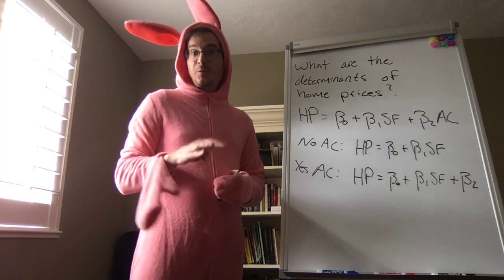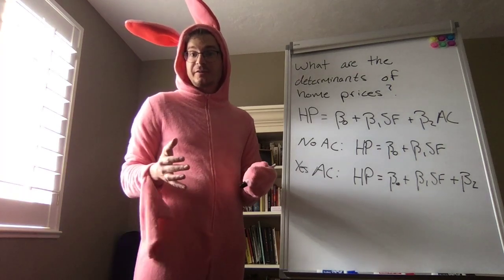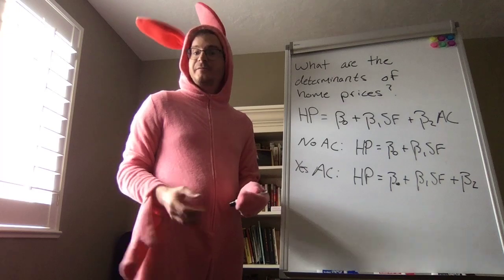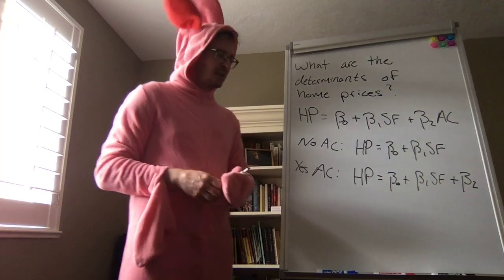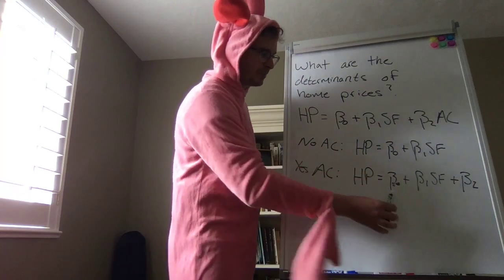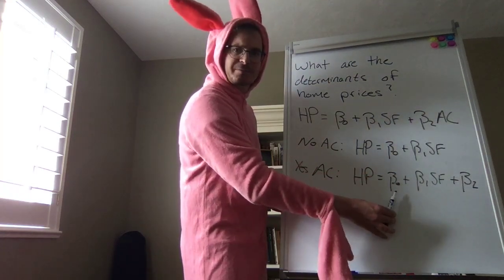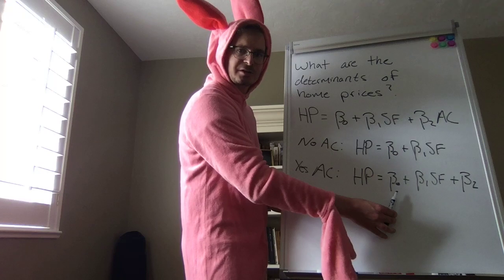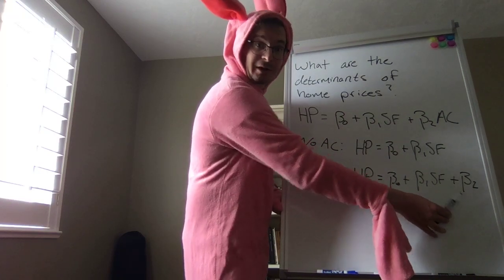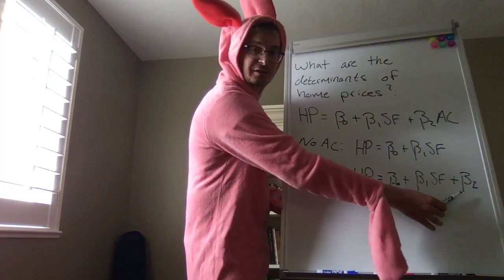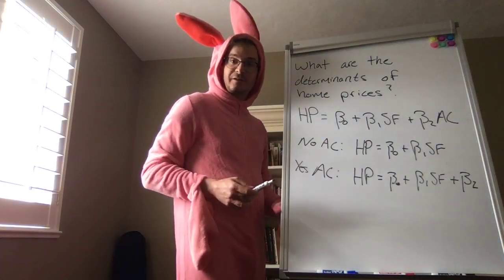So if you have 4x plus 5x, you can write that as 9x. But if you have 4x plus 5, you can't put those together. Here, beta naught, the intercept, is not being multiplied by a variable in this equation. Beta 2 is not being multiplied by a variable anymore now that we wrote out the yes AC equation. So we can collect those together because they're like terms.